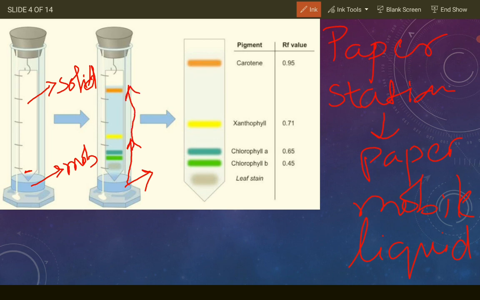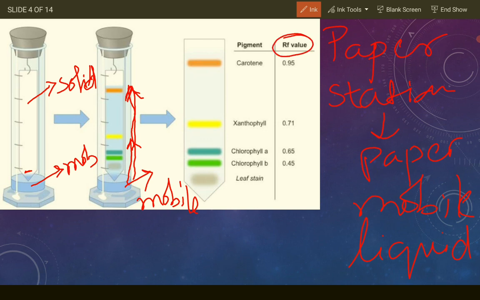And those molecules of the chlorophyll which are soluble in the mobile phase will move along the paper and will be separated out according to their RF values, right?